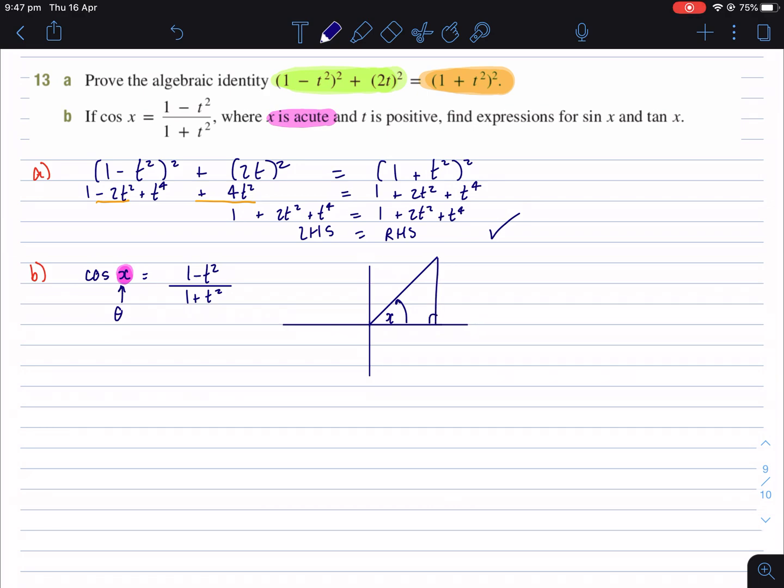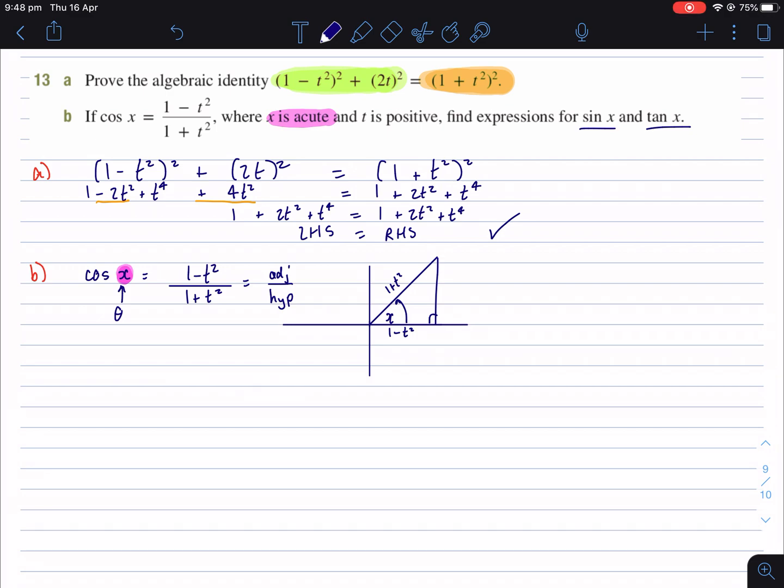We've been told cos x, which is adjacent over hypotenuse, so that's 1 take t squared as the adjacent and 1 plus t squared as the hypotenuse, yeah? So we've got adjacent over hypotenuse. We want to know sine x and tan x, which means we need to know the opposite.